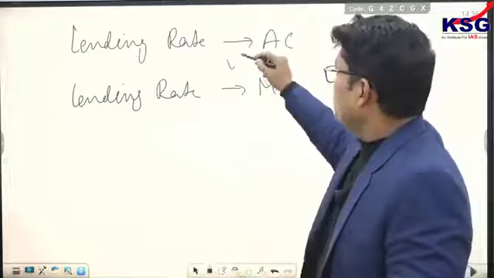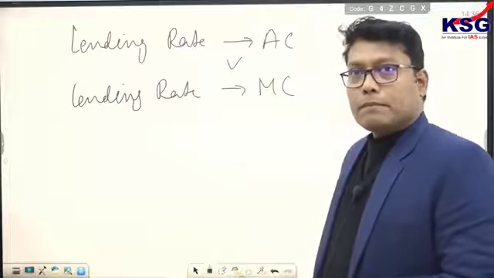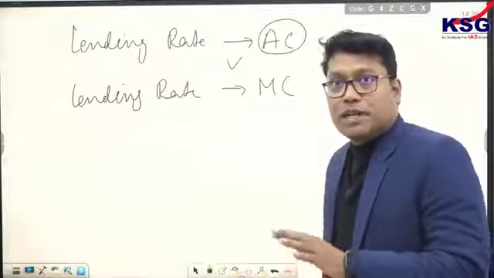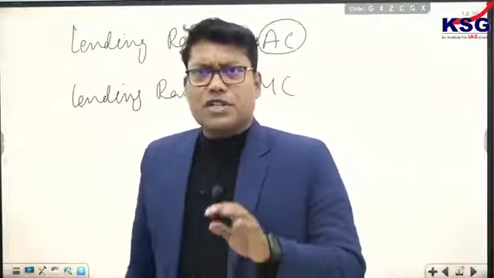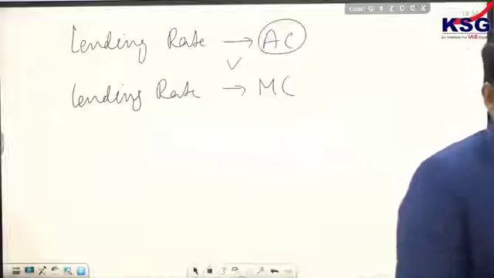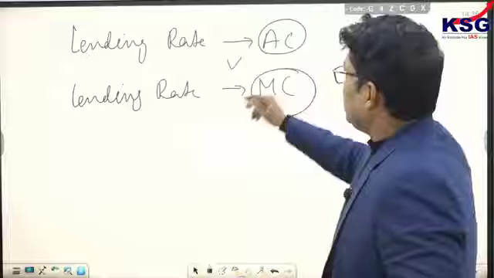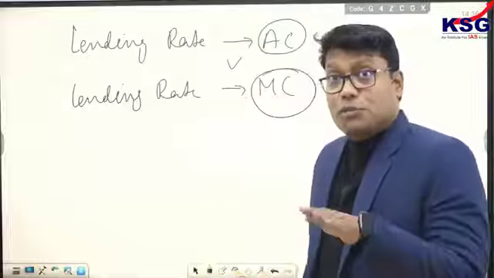Definitely it is going to be lower. Why? Your average cost is higher relative to your marginal cost. For GS purposes, I'm not completing the whole circle. Okay. So generally it's lower. So if you're calculating the lending rate on the basis of MC, it's going to be lower.